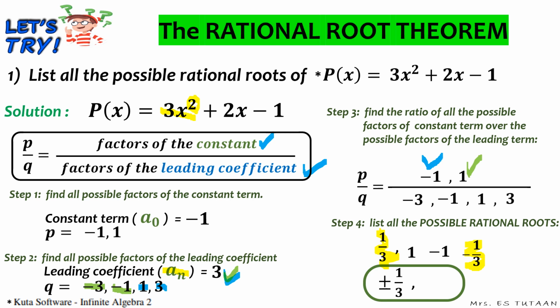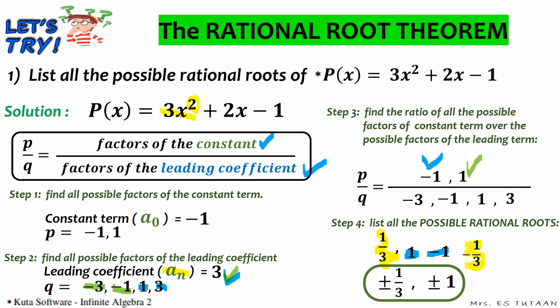And then, itong ating positive 1, saka negative 1, isi-simplify natin siya sa positive negative 1. So, that's how you write the simplest form of the possible rational roots of the given polynomial function. Okay, so sana nakakasunod pa.